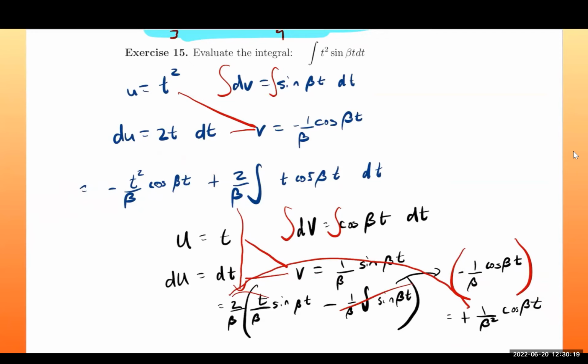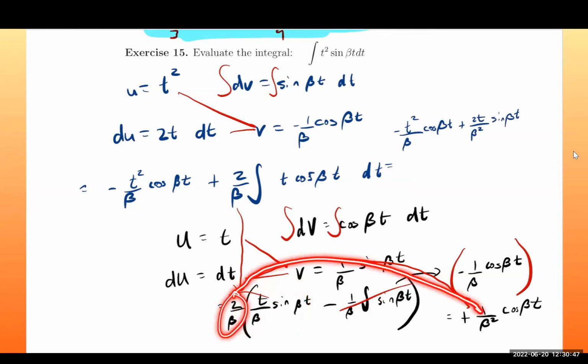So our final answer is going to be negative t squared over beta cosine beta t plus, now I'm going to distribute this here. That's going to be 2t over beta squared sine beta t. So that was this times this.